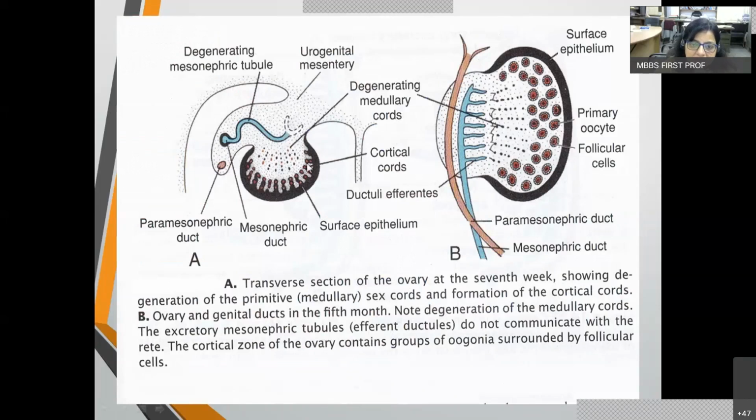This is the female, that is, ovary development. Here the cortical cords are developing. See, follicular cells are formed and the primary oocyte is there. This is all present in the cortex, not in the medulla. The medullary cords are degenerating over here. If you compare it with the previous diagram, you will easily understand.